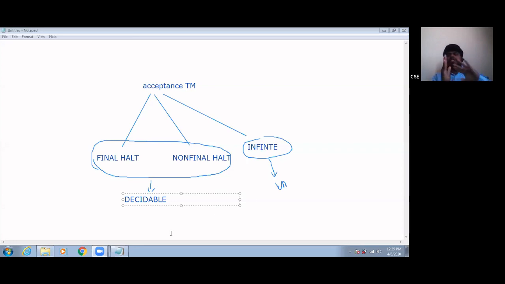It is 5 tuples same as in the previous, and the extra tuples are the blank symbol as well as the tape symbols. And we have seen the instantaneous description of the Turing machine. And now the topic is acceptance by the Turing machine. After reading the entire input string, you go to the final halt or non-final halt, or it may go into an infinite loop, so it won't halt. So these are the things that we require.